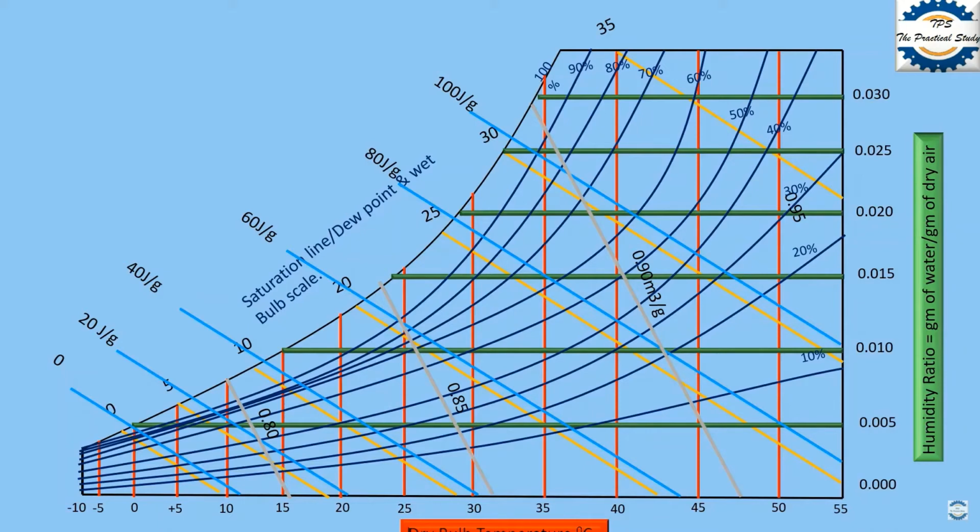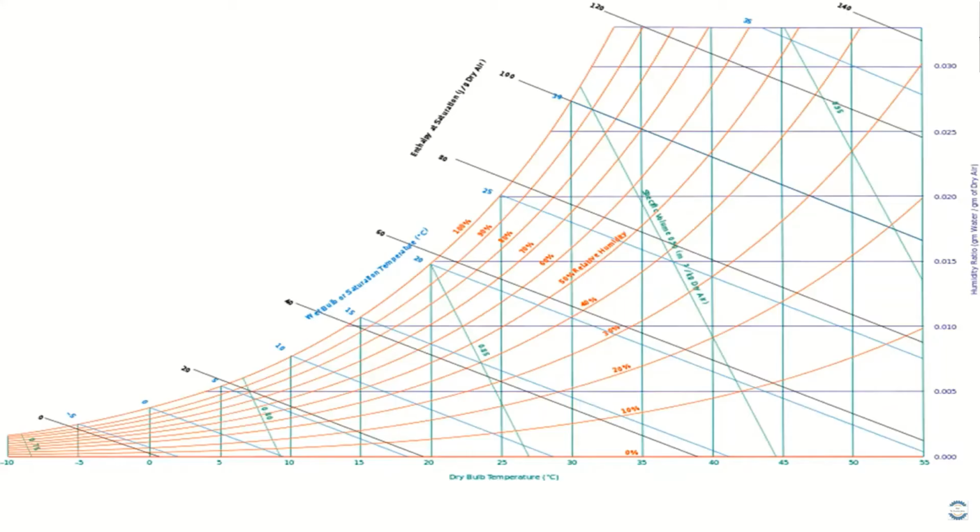So it's time to solve a practical example of how we can calculate required parameters on the psychometric chart. For calculation of parameters, I think we move to the professional chart. So in order to use the psychometric chart, you must have two parameters.